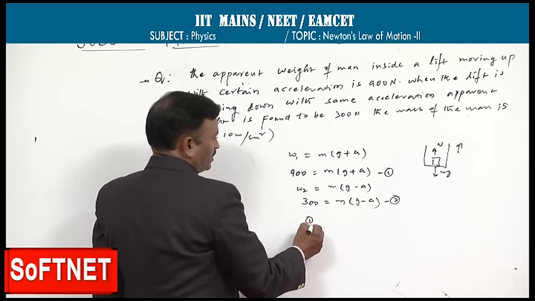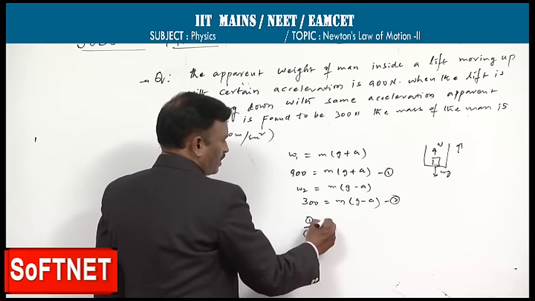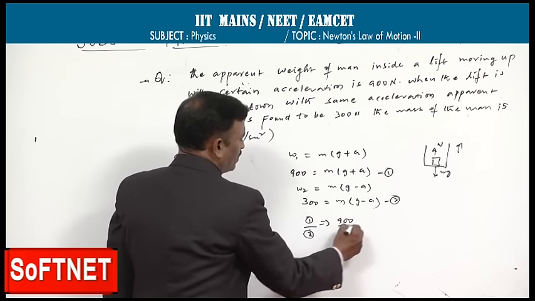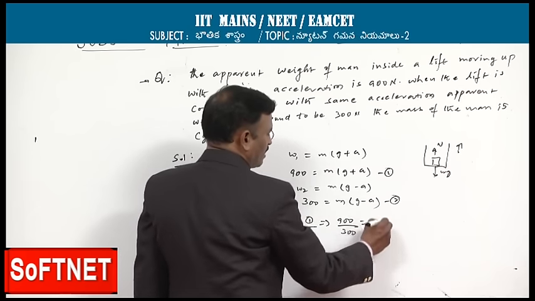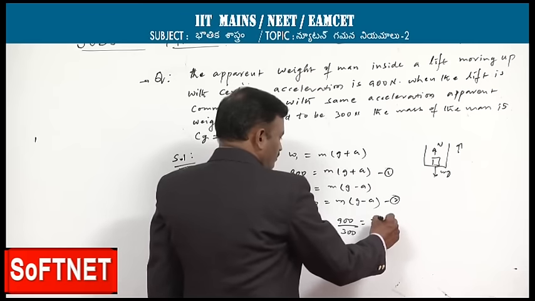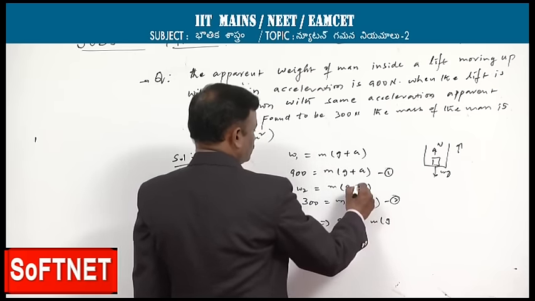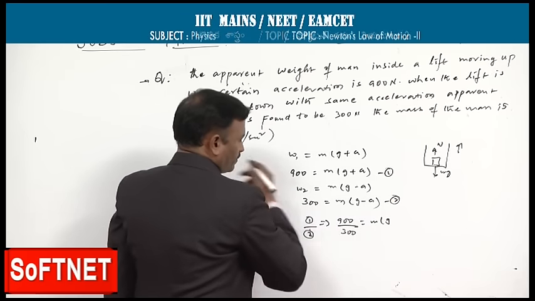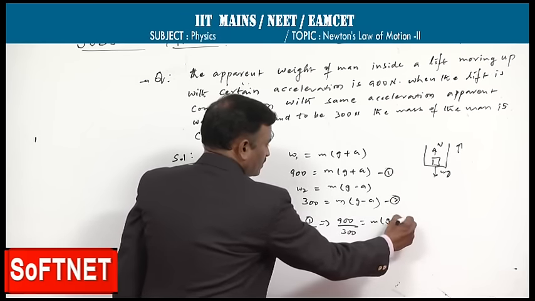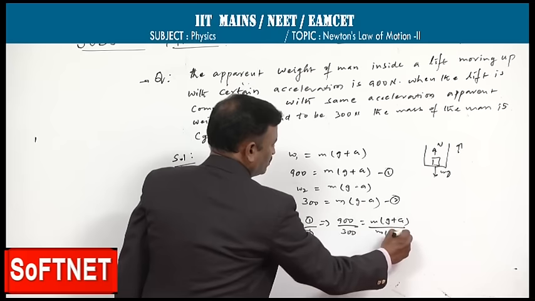Equation 1 by equation 2 implies 900 by 300 is equal to M into (G plus A) by M into (G minus A).